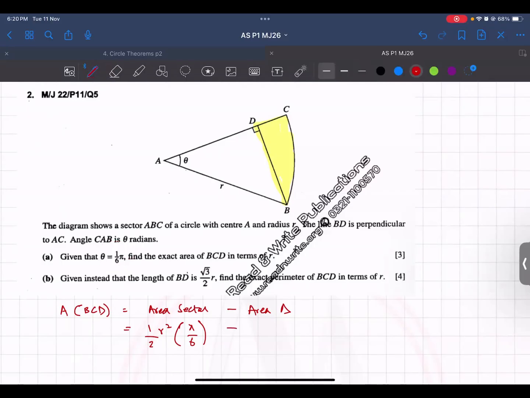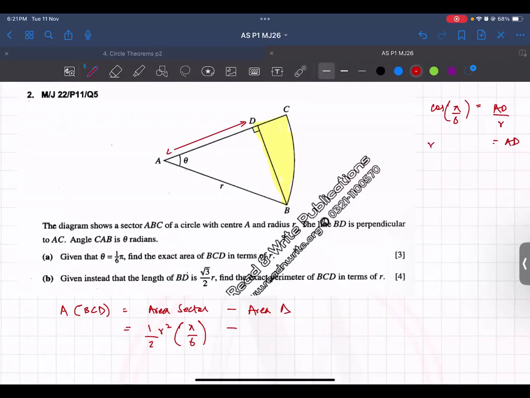For the area of triangle, you can use half AB sine C. So for that you would need to find this, and for this thing you would need to use cos. So cos theta, which is pi by 6, is adjacent, which is AD, upon hypotenuse, R. How much is cos pi by 6?